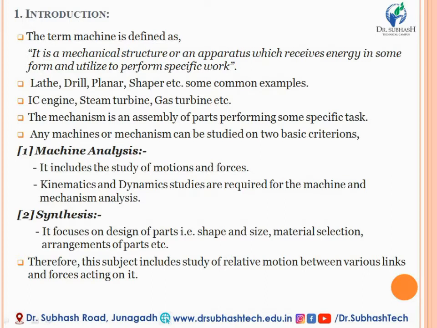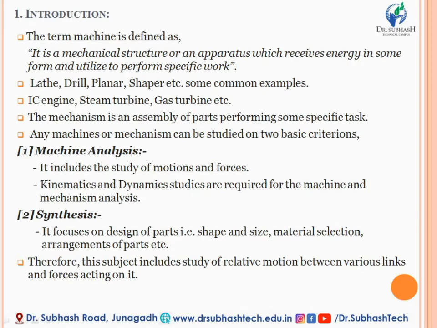Suppose you have any machine which consumes, or receives, some form of energy, and it converts this received energy into some specific output. It will be known as a machine.